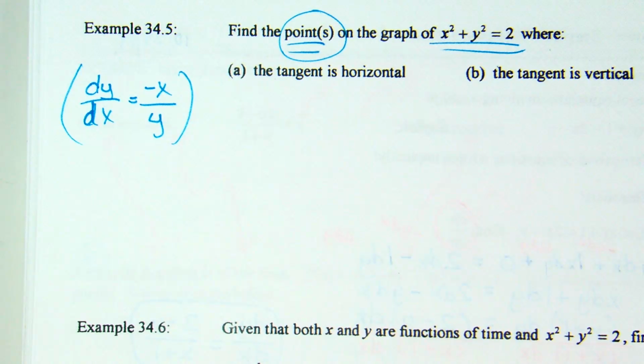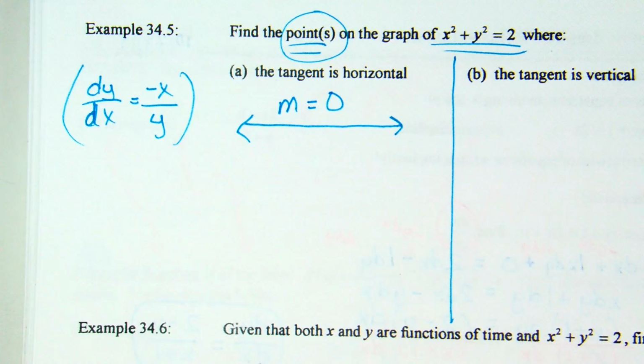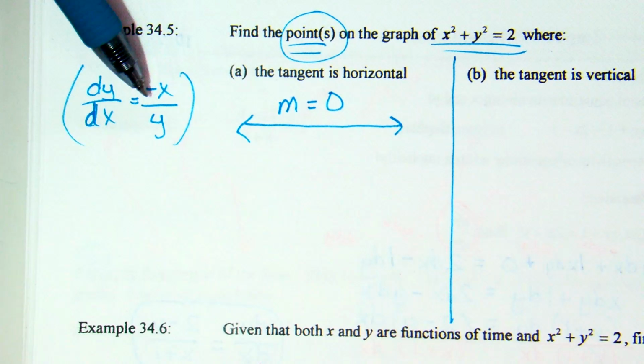So right here on part A is talking the tangent is horizontal. So a horizontal line is that, right? And a horizontal line has a slope of 0. So we want to know what points are going to make that happen. So if the slope is 0, we want to know when the derivative is 0. Because derivative and slope, that's the same thing, yes?